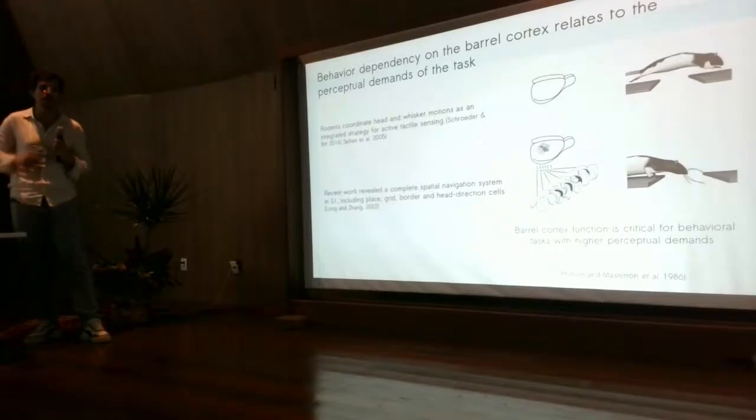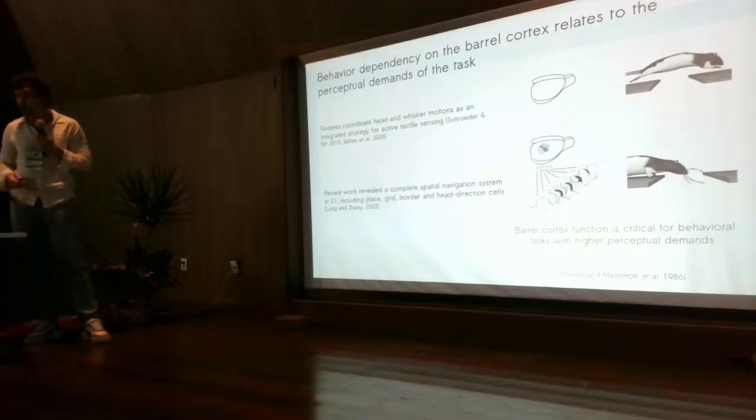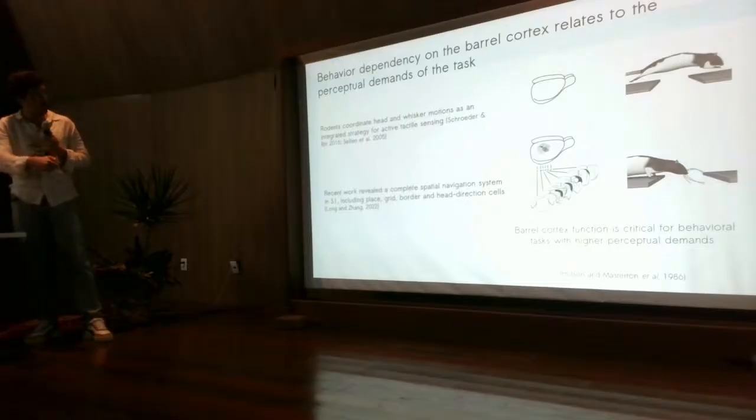They stretch the body to understand the distance between both platforms, meaning that the animals have to integrate head motions and body signals as well, proprioceptive signals and vestibular signals. And it has been described that this is important for active perception.